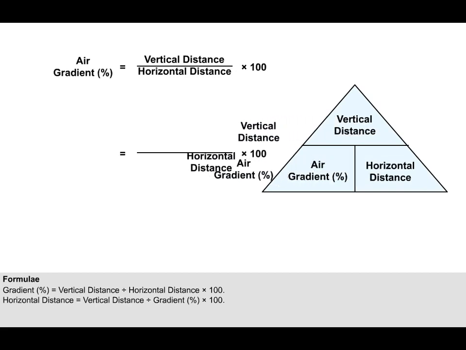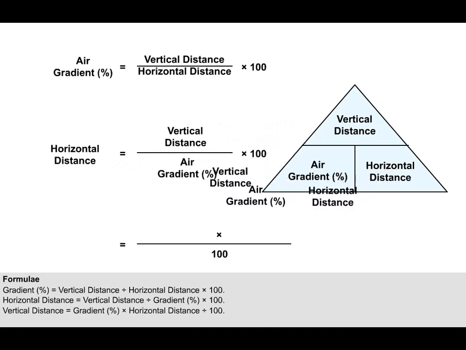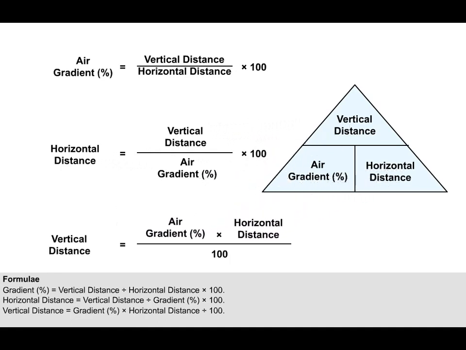If you were required to calculate the horizontal distance, it would be the vertical distance divided by the gradient. More commonly, you may be asked to calculate the vertical distance. The vertical distance is found by taking the gradient and multiplying it by the horizontal distance.